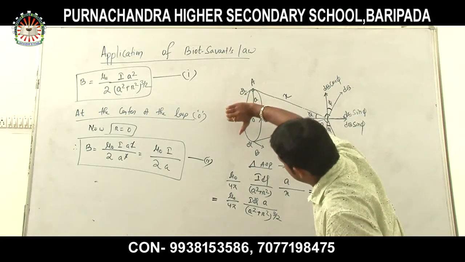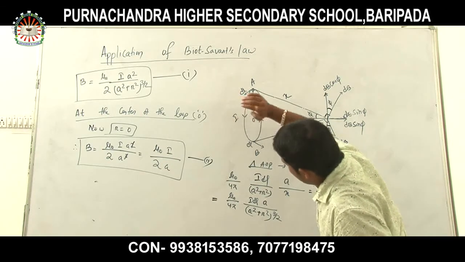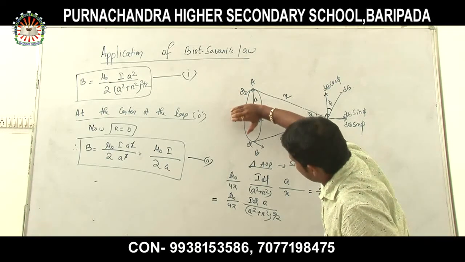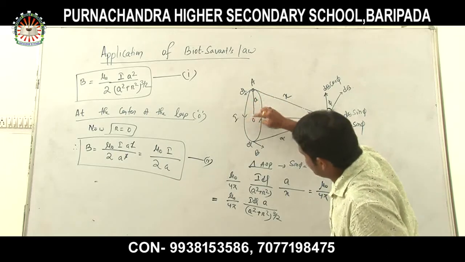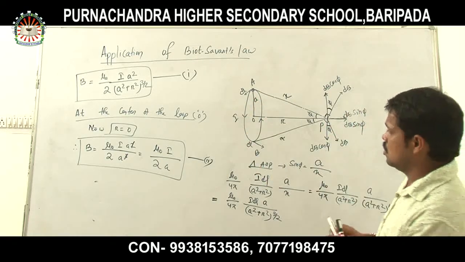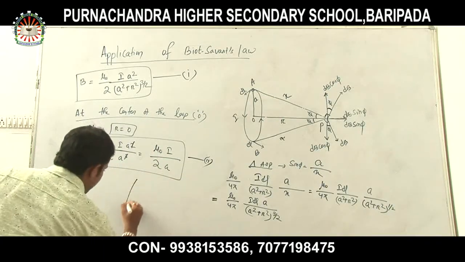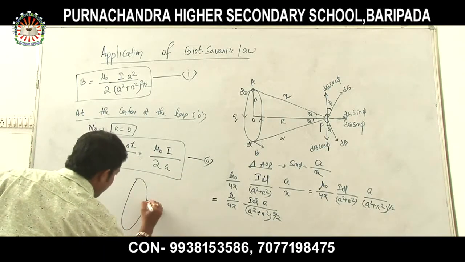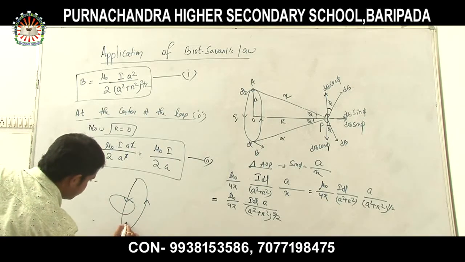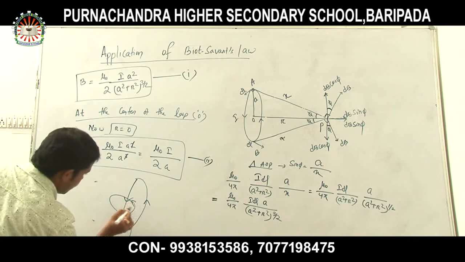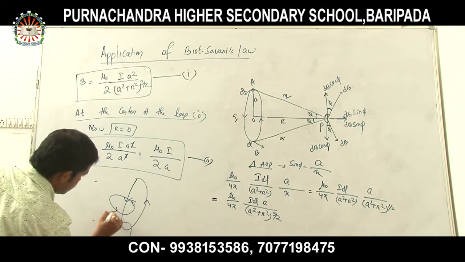So at this side the magnetic field is inward, but always inside the loop the magnetic field is outward. If I draw the pattern of the magnetic field, then I will get this type. Look at it very carefully. That is out to in. This type of magnetic field: outward, and this is in.